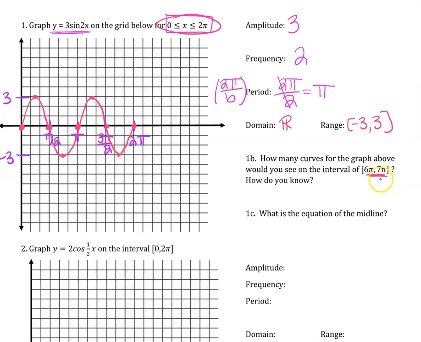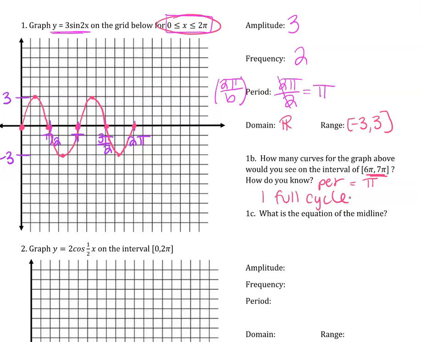Well, 6 pi to 7 pi is a difference of pi units. You know the period is pi units. So if the period is pi units, we know that we would see 1 full cycle, or 1 full curve, over that interval of 6 pi to 7 pi.